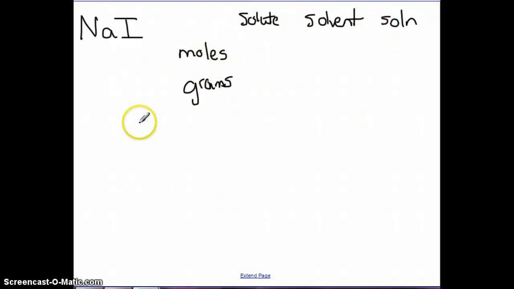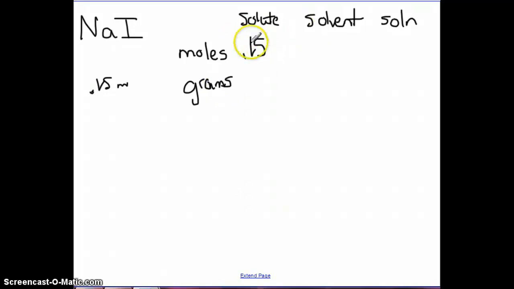Okay, so we know that we have molality, and molality is going to be the moles of solute over the kilograms of solvent. So if we have a 0.15 molal solution, that tells us that we have 0.15 moles.